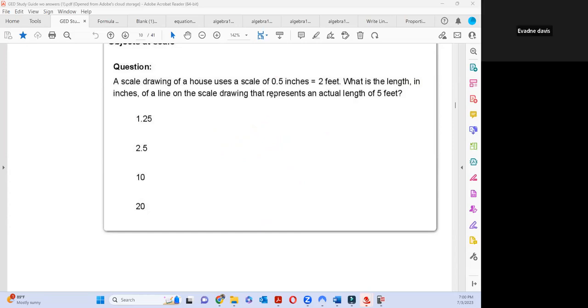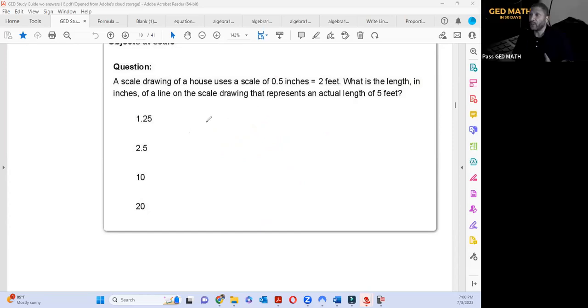The common sense way to do it is to say 0.5 inches is 2 feet. Well, 0.5 you should know is a 1/2 inch. So if 1/2 inch is 2 feet, 1 inch is 4 feet. If 1 inch is 4 feet, 2 inches is 8 feet.